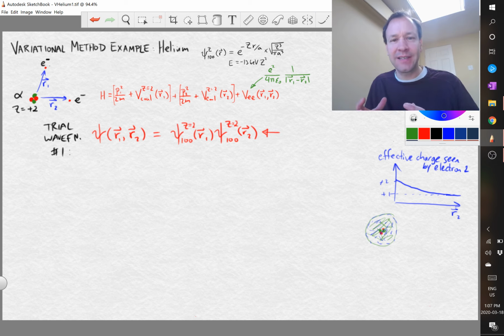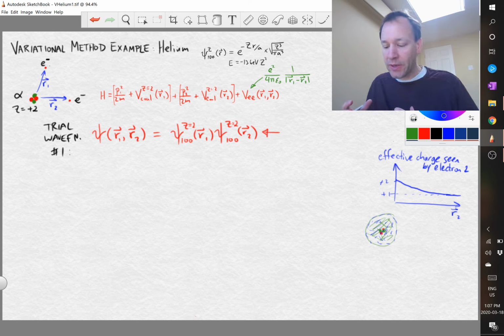Now I should say that we're kind of mixing up the wave function with a classical charge distribution, but here we're just trying to develop intuition.